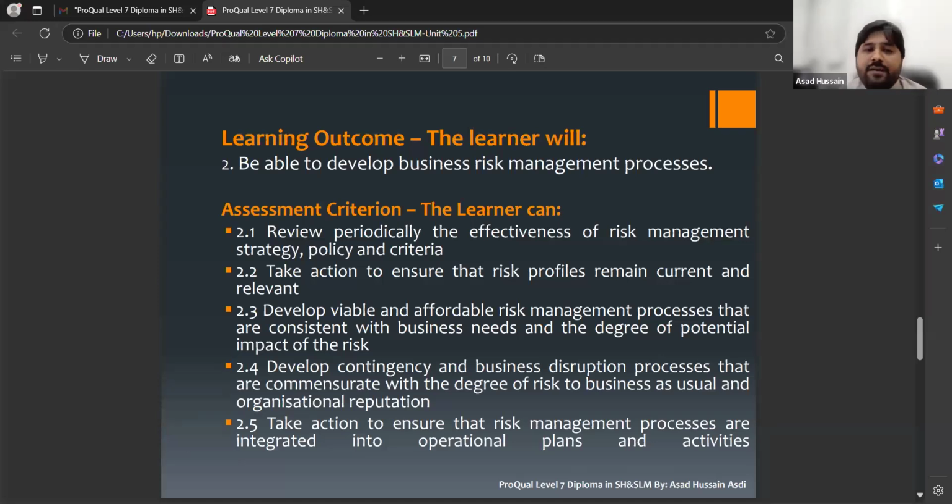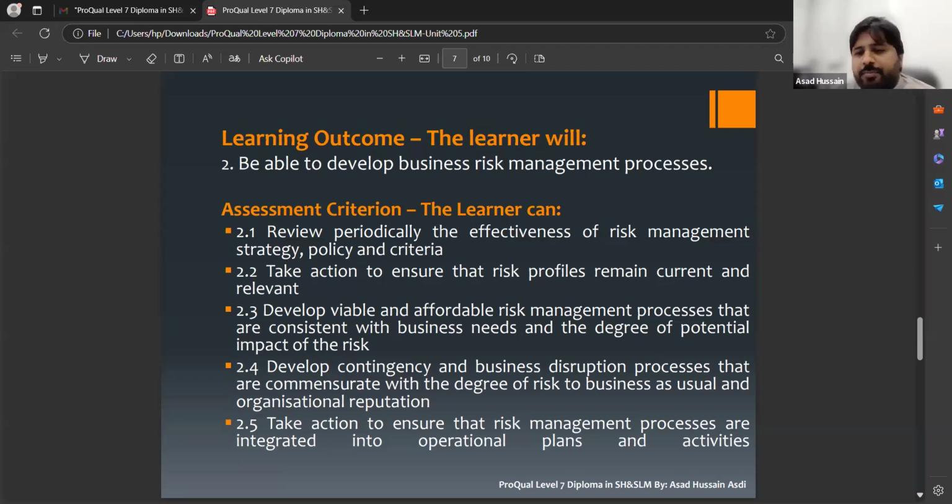After that explanation, they have to provide evidence in the form of contingency plans they have, business disruption plans they have, and crisis management plans they have. So any type of evidence can be acceptable to pass this assessment criteria.